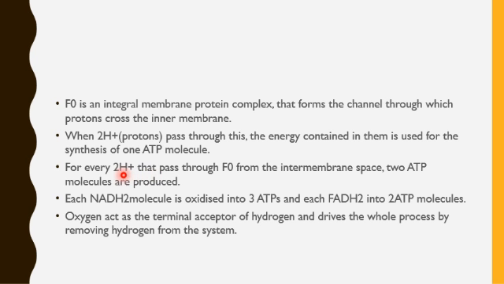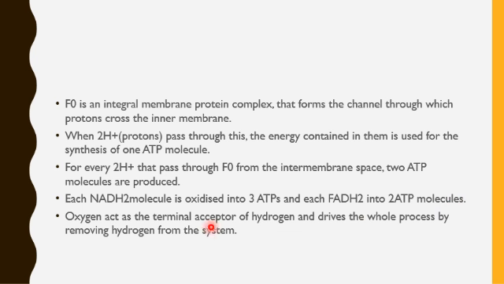For every two hydrogen ions that pass through F0 from the intermembrane space, two ATP molecules are produced. So each NADH2 molecule is oxidized to 3 ATPs and each FADH2 to 2 ATP molecules.